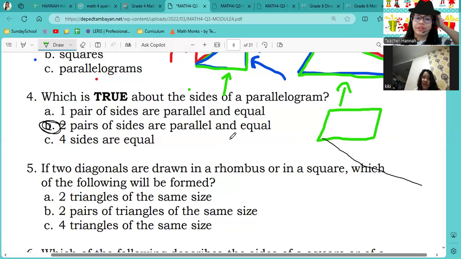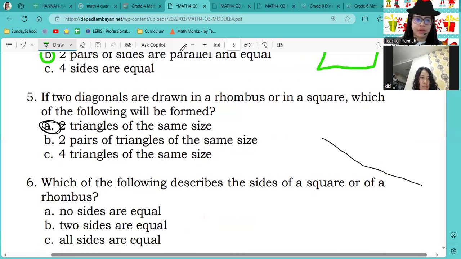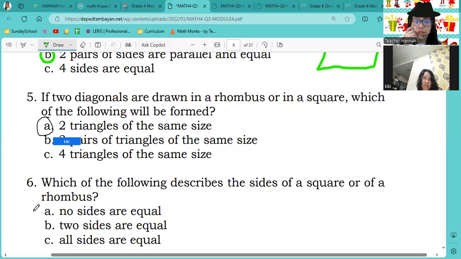Very good. Okay, next. Number 5. Can you read number 5? If two diagonals are drawn into a rhombus or a square, which of the following will be formed? Very good. Okay, two triangles of the same sides.